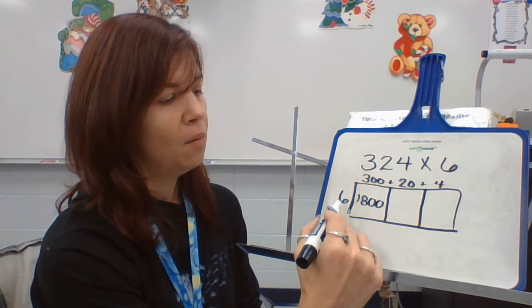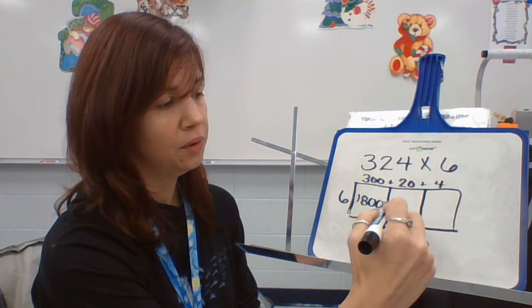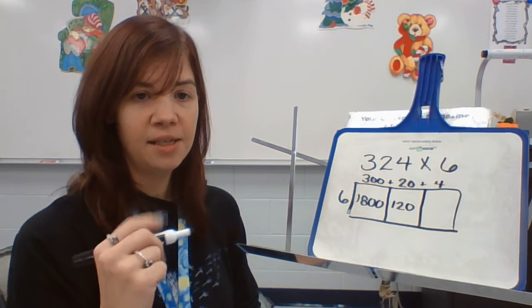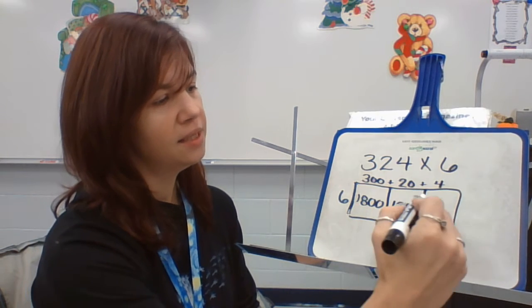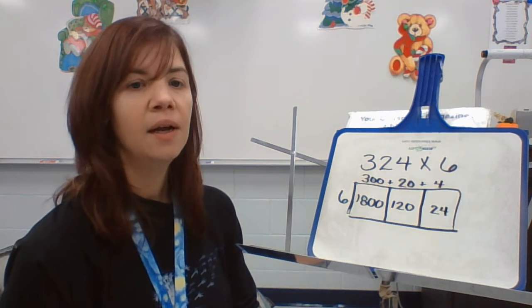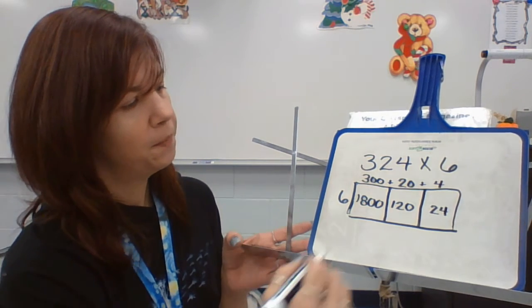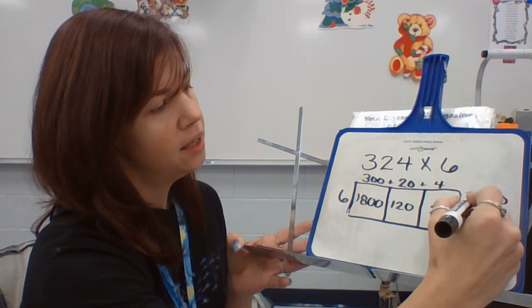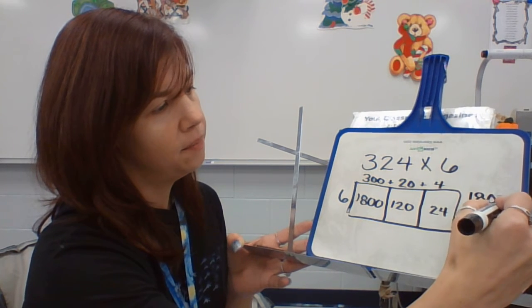So nice little trick. Okay, and we're going to use the same trick over here because it also ends in a 0. Well, I know 6 times 2 is 12. And then I have to just add the 0. And the last one, 6 times 4, there aren't any zeros, so I don't add any zeros, and I get the number 24. Then I'm going to line up the numbers, and I'm going to add them.